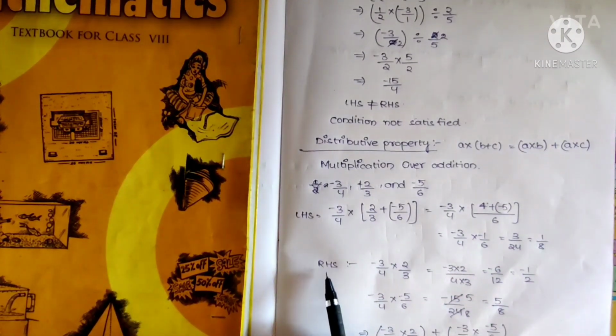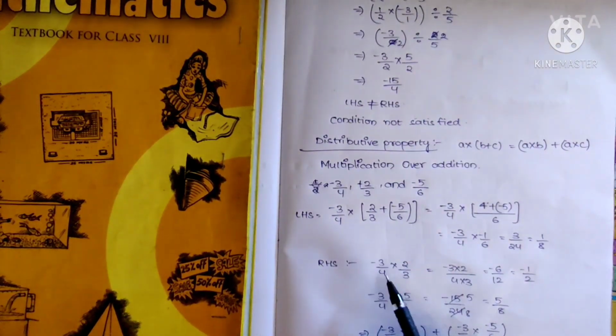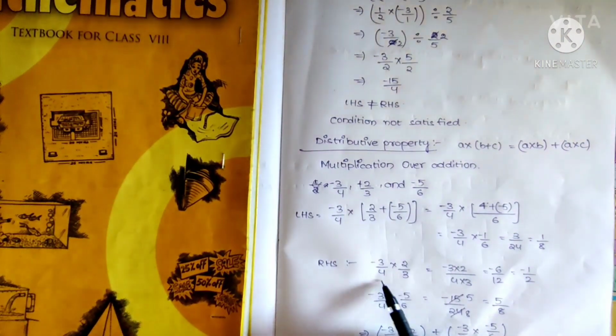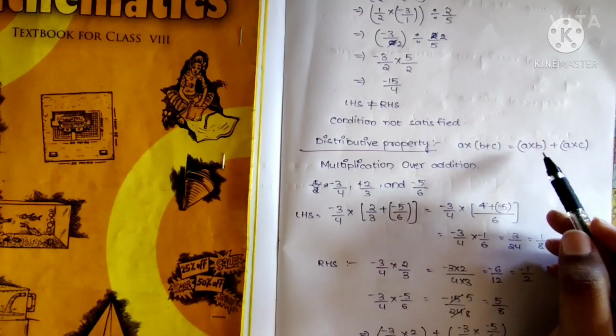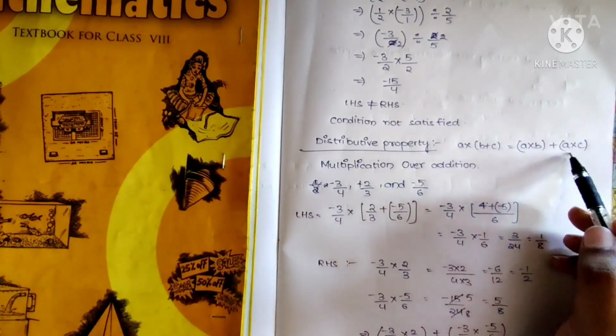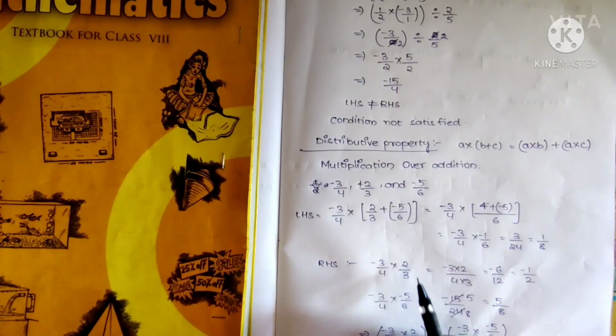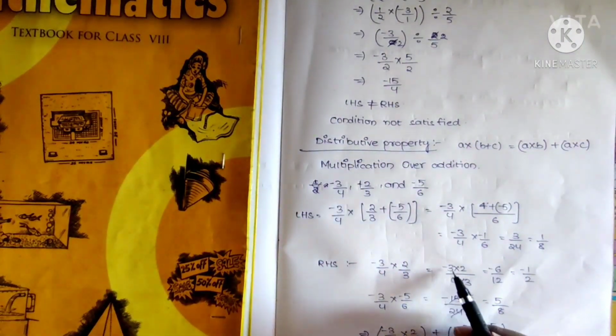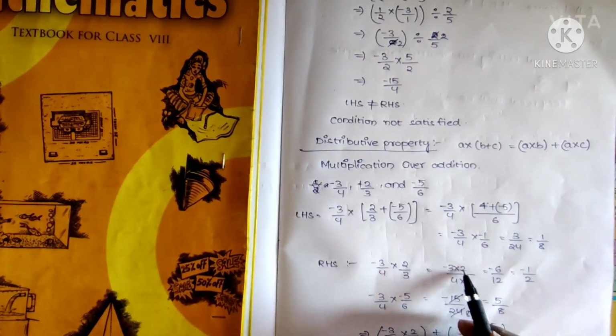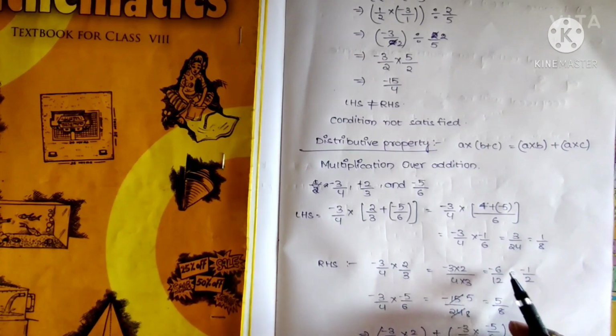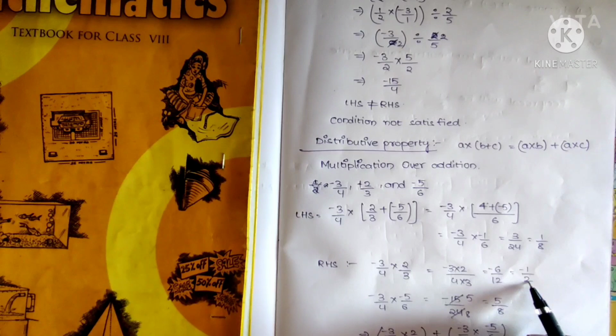Now let us see the RHS. In RHS we have two brackets, that is minus 3 by 4 into 2 by 3, that is equals minus 3 into 2 by 4 into 3, minus 6 by 12 is equals minus 1 by 2.